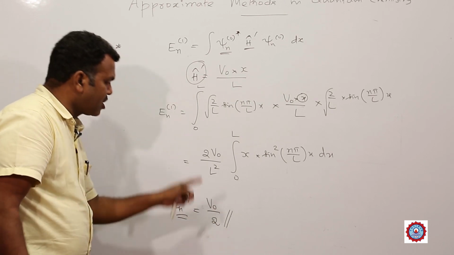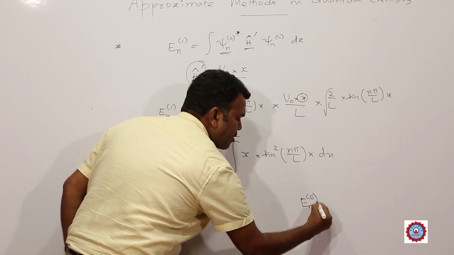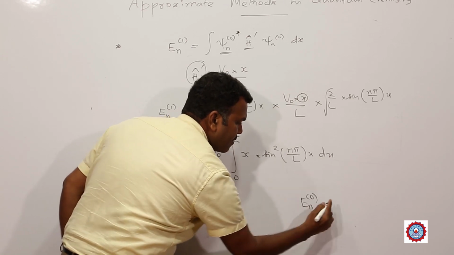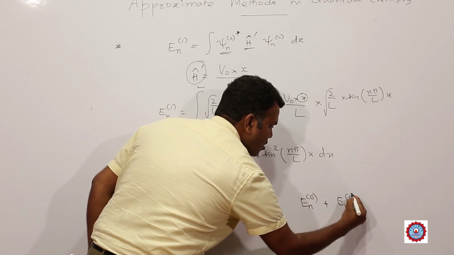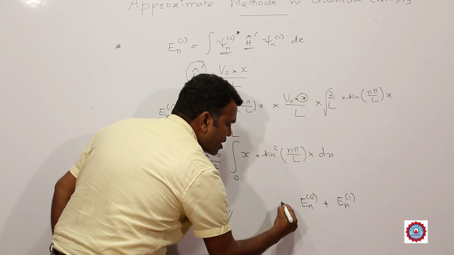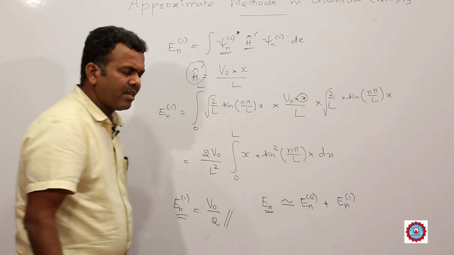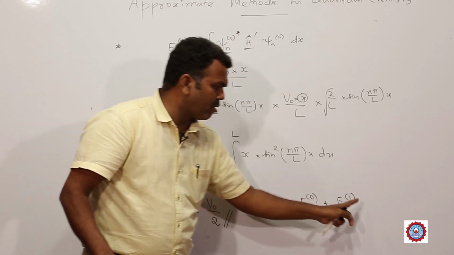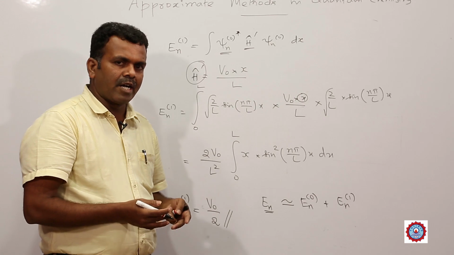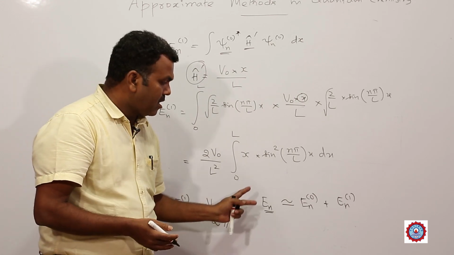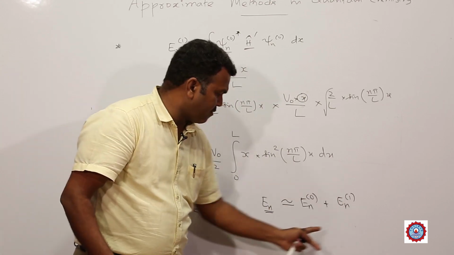If you add this value to the energy of the unperturbed state, you will get the energy of the nth state, which is not exact because you have to include more and more correction terms to get a 100% accurate result, but this will give you a almost good result for the nth state.